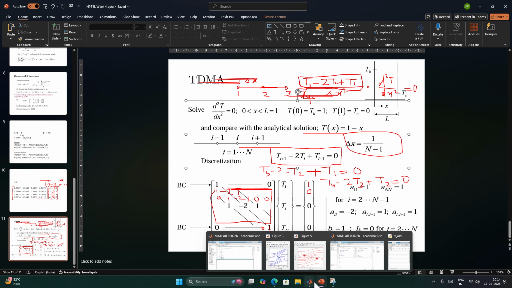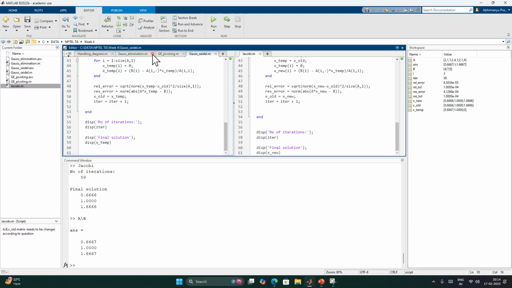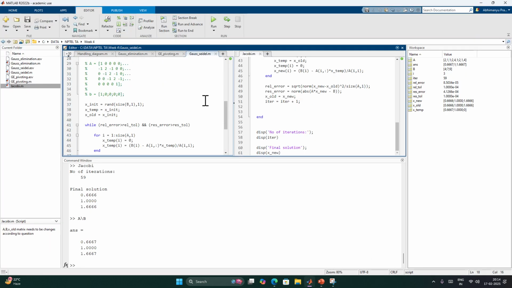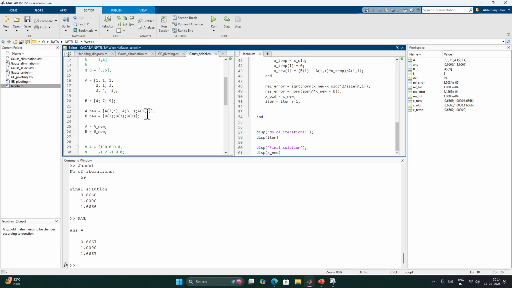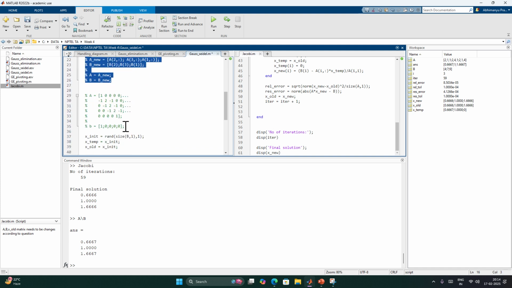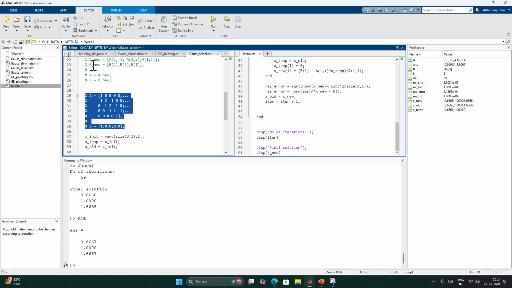If I go to MATLAB, we can simply use Gauss Seidel itself. If we do that discretization, we will get a matrix like this.